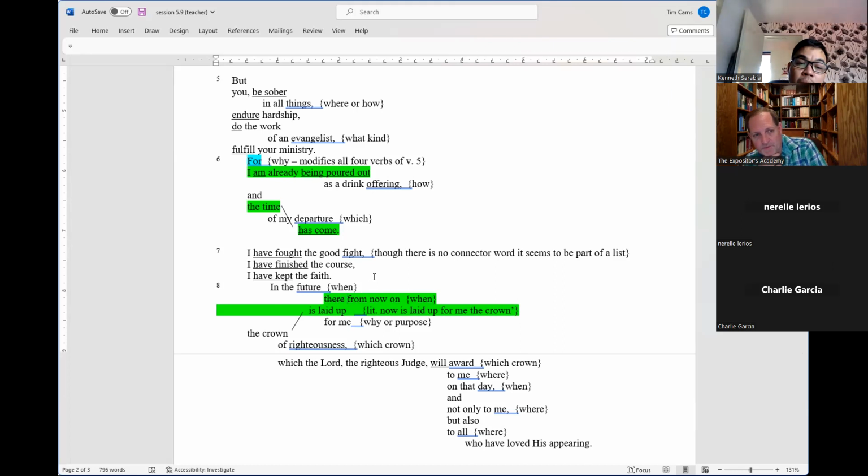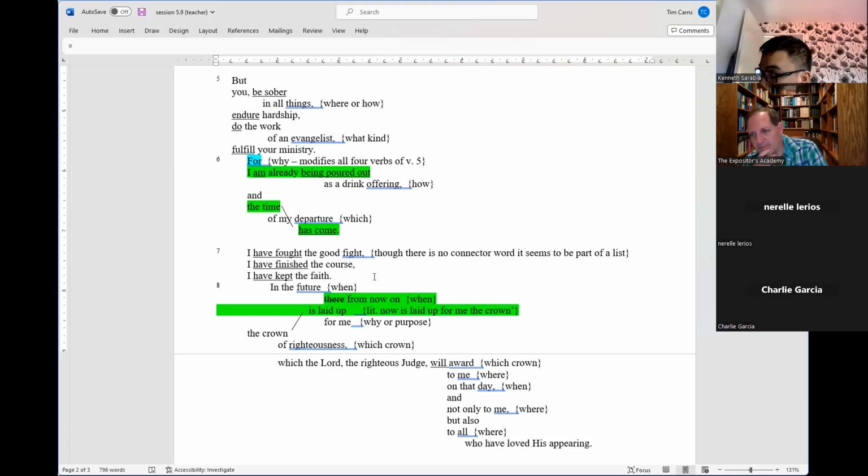Yeah, I think that would be a good way to divide it up. I put Paul's commands in verse 5 and the motivation in verse 6. One motivation is Paul's ministry is over. Second motivation is Paul's example. The third motivation would be the reward.